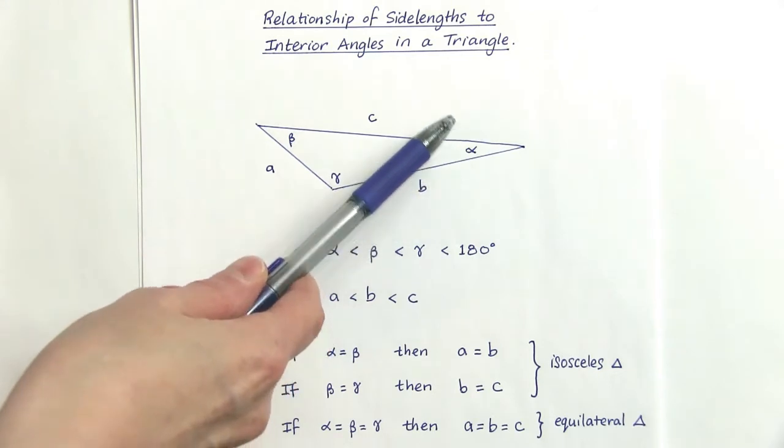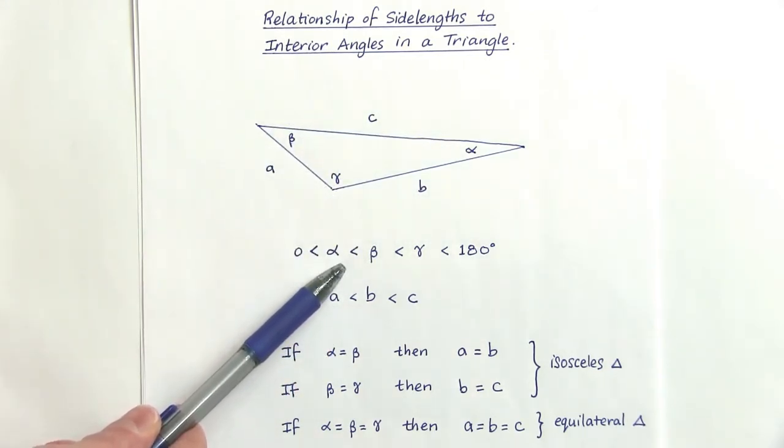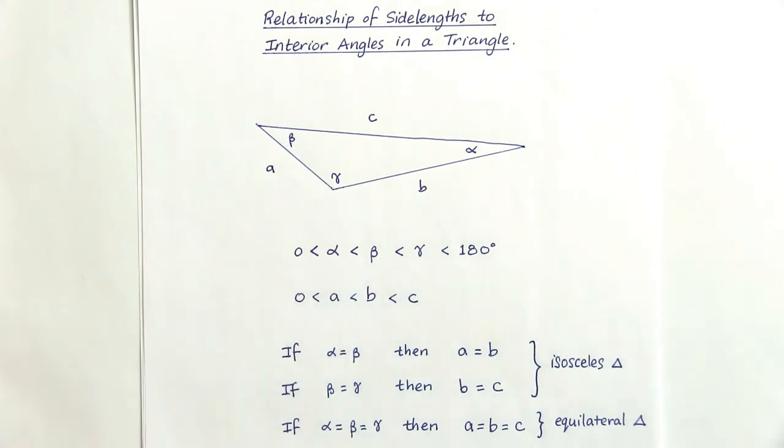Or if alpha is less than beta is less than gamma, then the corresponding opposite sides A is less than B is less than C. And if any two of the angles are equal, then the corresponding opposite sides are equal.